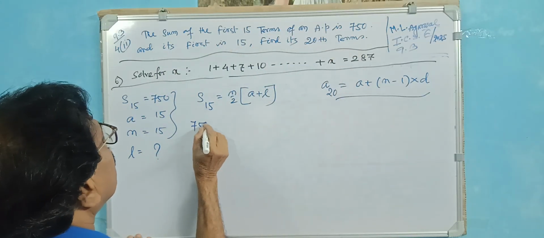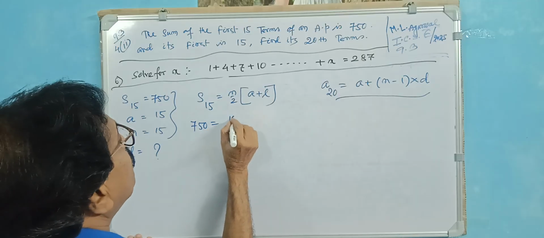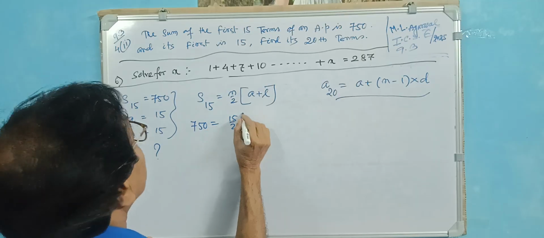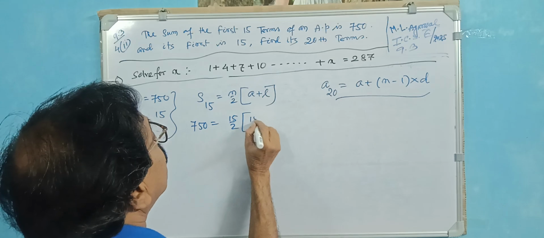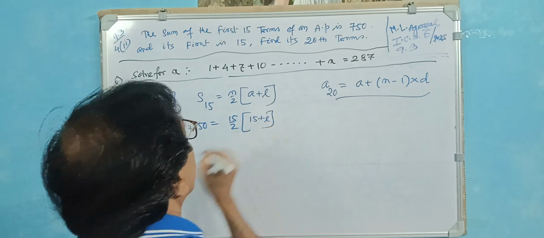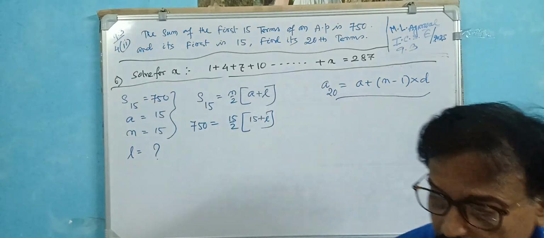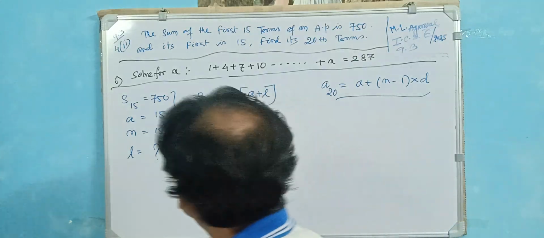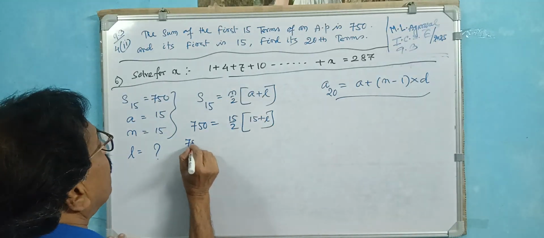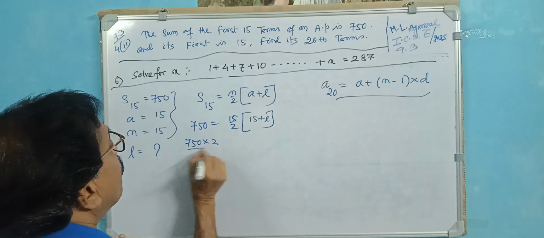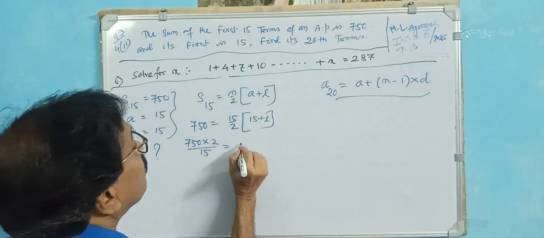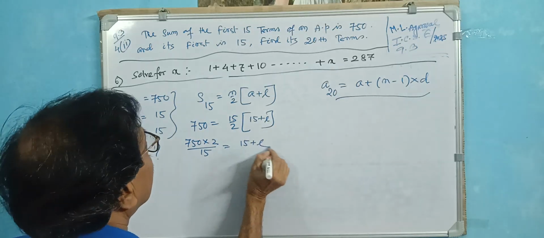So 750 equals 15 by 2 into bracket A plus L. So this is actually 750 into 2 by 15, that is equal to 15 plus L.